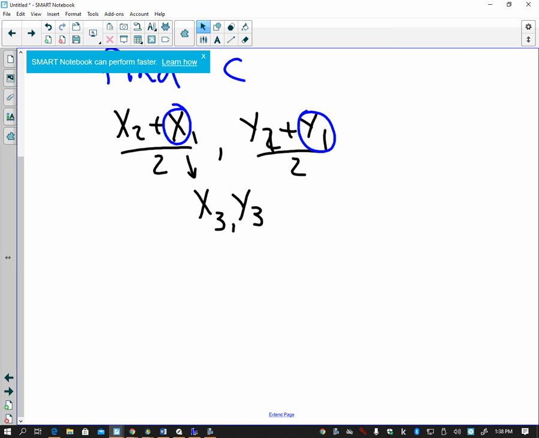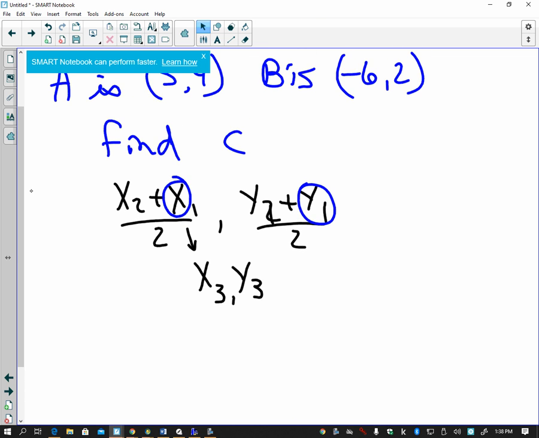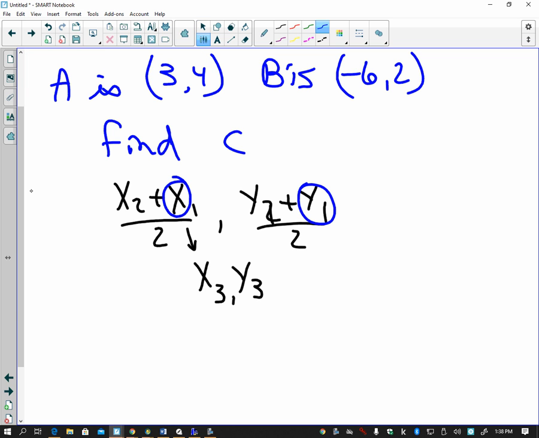Let's see. May need to scroll up a little bit and get rid of that. Okay. So we have, and I'm going to go ahead and label them. This is x1, y1, or I guess let's call them x2, y2, so we don't get confused. This is x3, y3. And I'm looking for x1, y1.